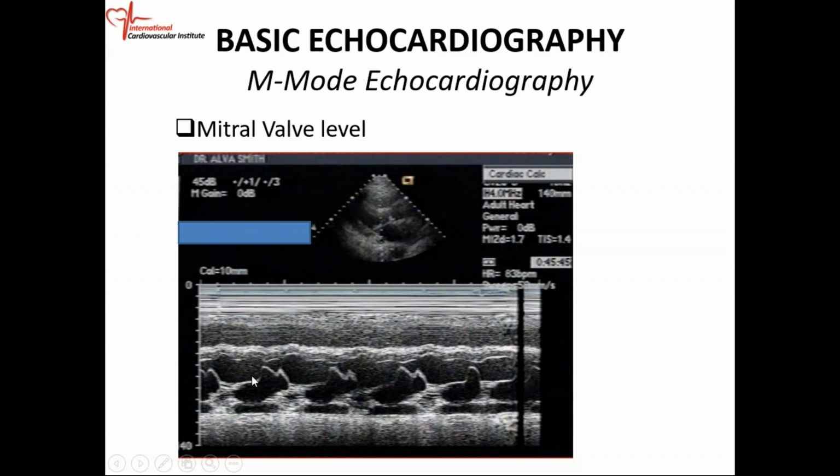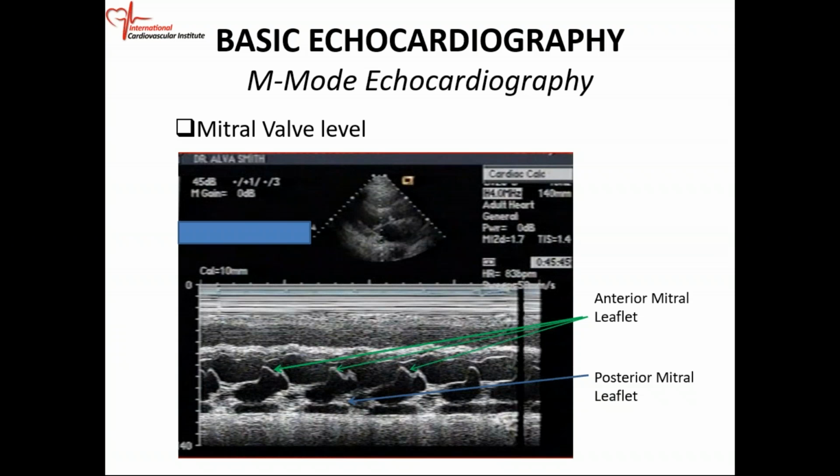So this is an open mitral valve, an open mitral valve, an open mitral valve. And we label the different points in the mitral valve. It's very important for the exam and for just scanning. So this is the anterior mitral leaflet on top, and the posterior leaflet is below.